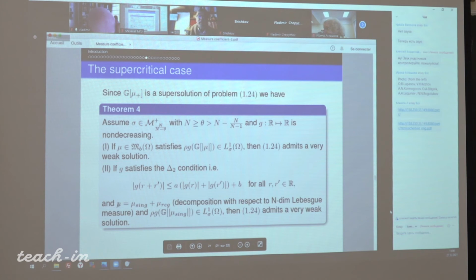So you decompose the measure mu as mu singular plus mu regular with respect to the n-dimensional Lebesgue measure. And if you have that rho G of the singular part of the measure is in L1 of sigma, then there exists a very good solution. In some sense, this is a natural extension.